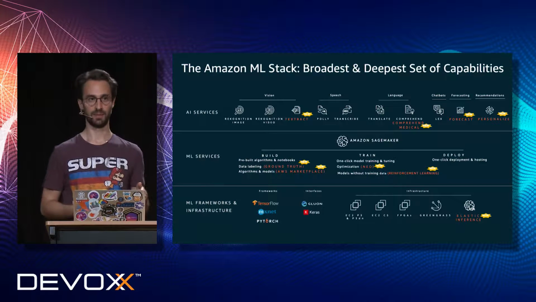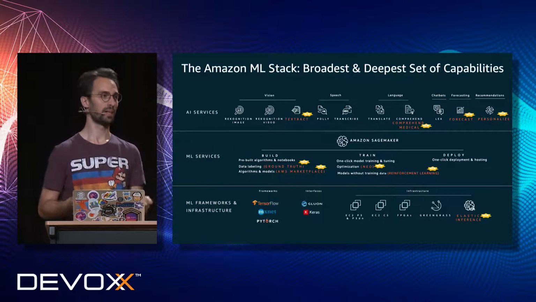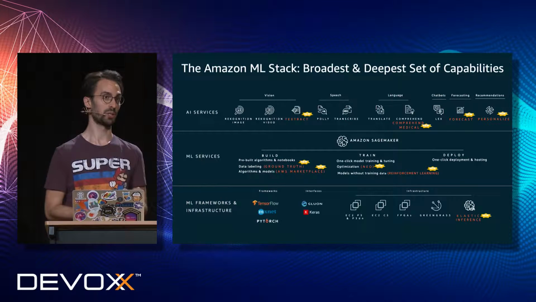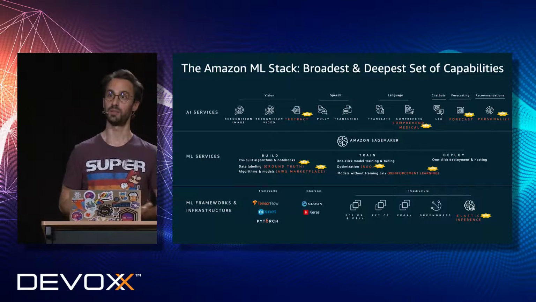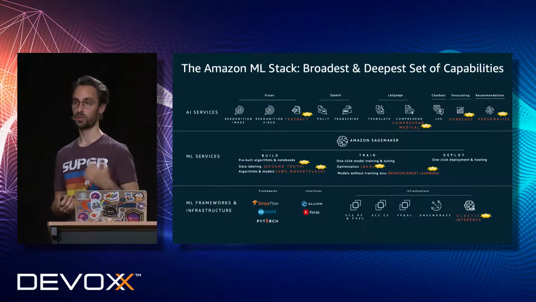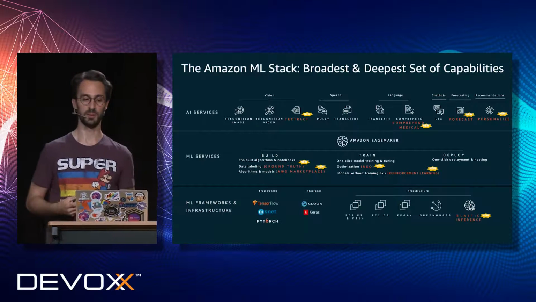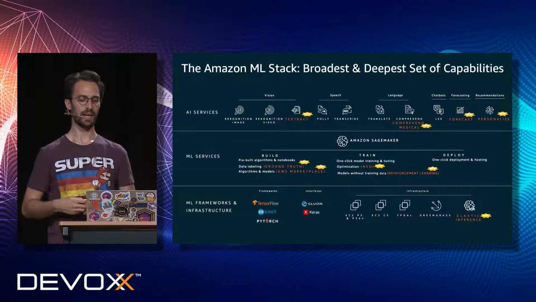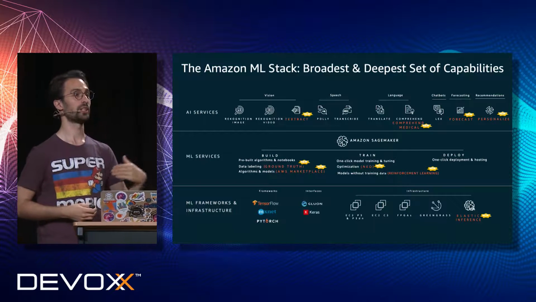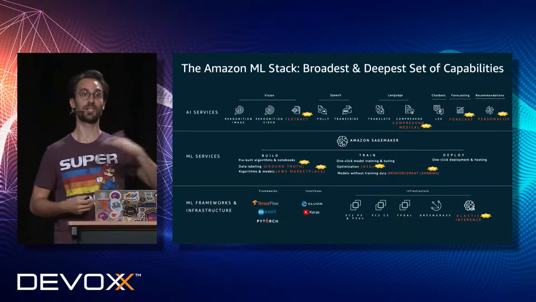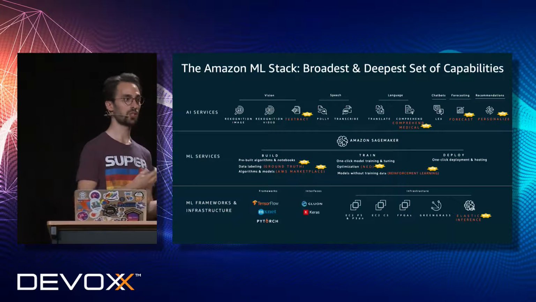But at the top, those few services at the top, everybody can use them, okay? They are an API call away. No machine learning experience required. And those services up there will do stuff for you, like analyze images, or generate audio from text, or generate text from audio, or build your chatbot for you.